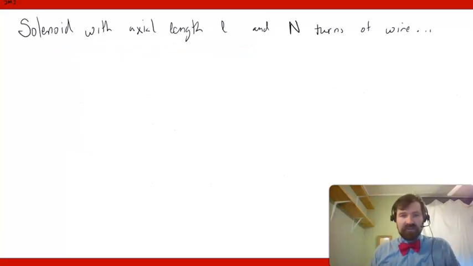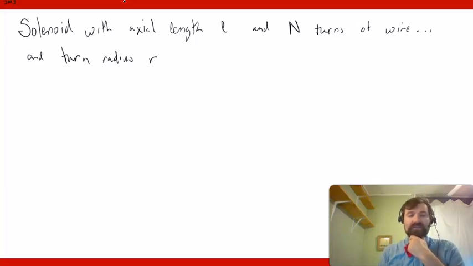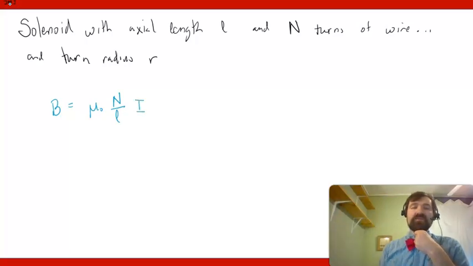If I have a solenoid with axial length L, N turns of wire, and let's say turn radius R, then it would follow that the magnetic field within the solenoid, B, should look like mu naught times the number of turns per unit length, N over L, times the current passing through it.